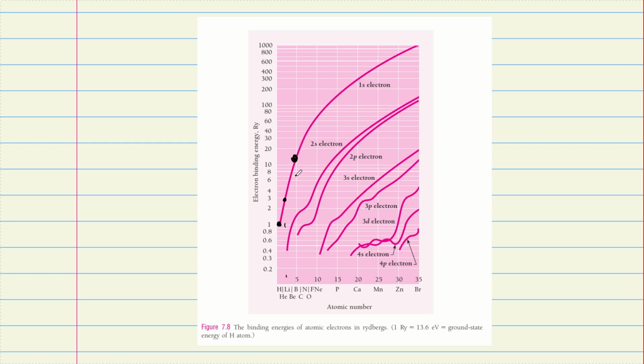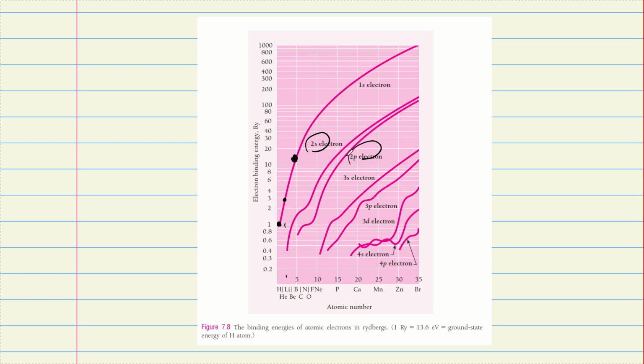But the key observation was that s electrons should be bound stronger than p electrons, right? And that's exactly what we see. This is the 1s electron. Whichever atom you look at, 2s electrons require more energy to break than 2p electrons.